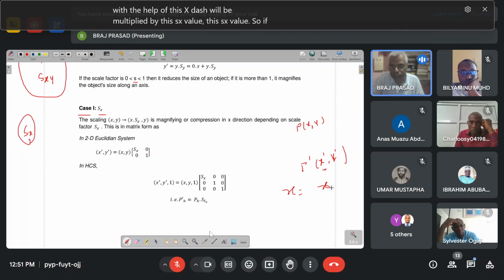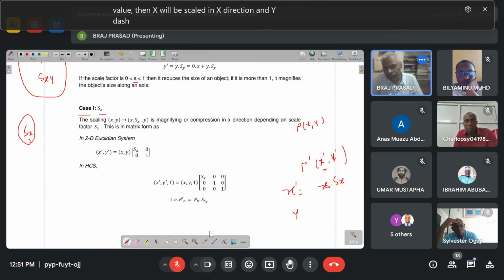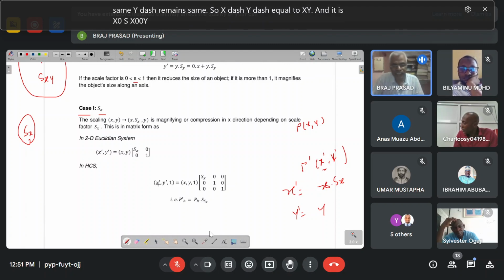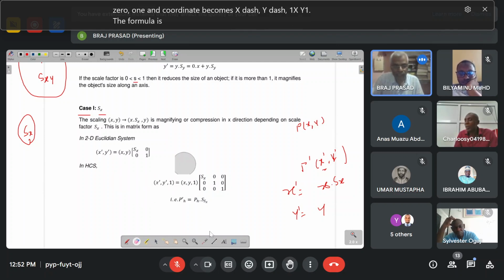So if we multiply this sx value, then x will be scaled in x direction, and y dash remains same. So x dash y dash 1 equal to x y 1 times the matrix sx 0 0, 0 1 0, 0 0 1 in SCS form, and the coordinate becomes x dash y dash 1. The formula is this.